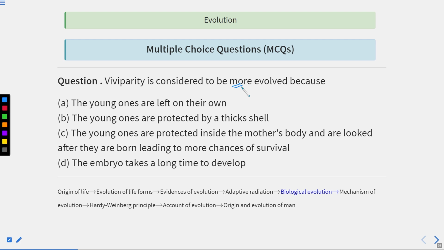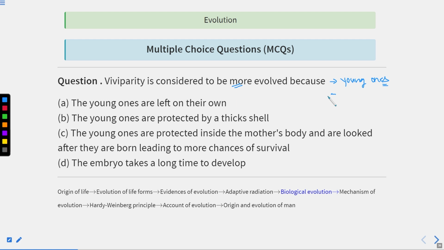Why? Vivipary or the viviparous organisms are those organisms that give birth to young ones. Here young ones are born. Fertilization is usually internal. The young ones develop inside the female's body, inside the mother body.